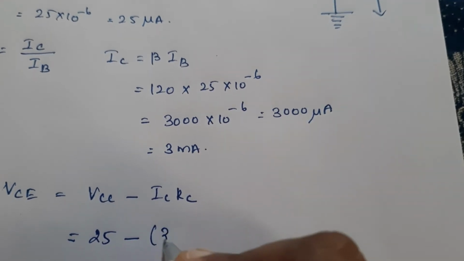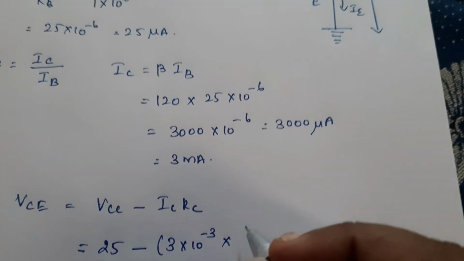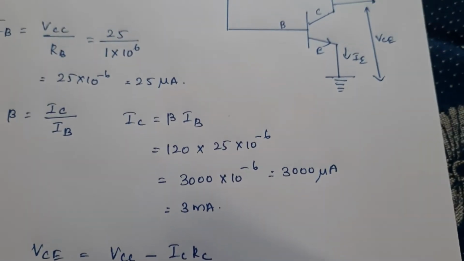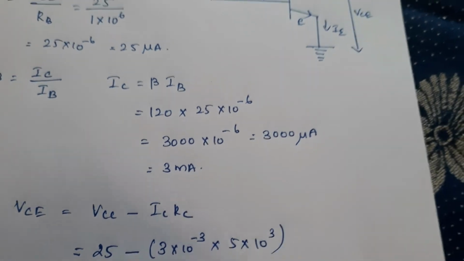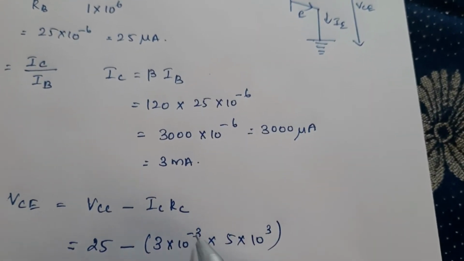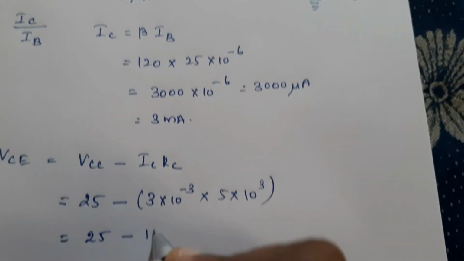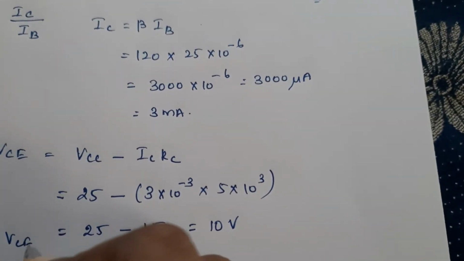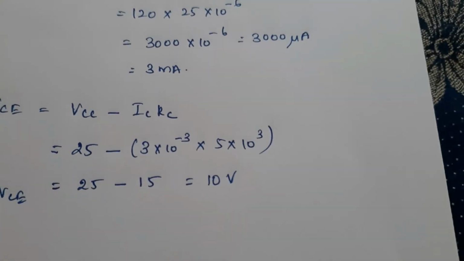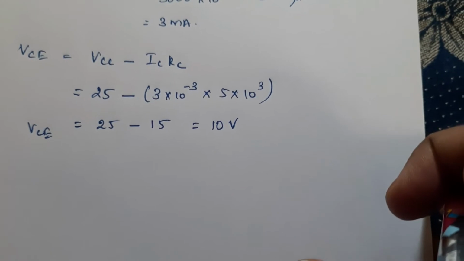IC is 3 milliampere, so 3 into 10 raised to minus 3 into the RC value, 5 kilo ohm, so 5 into 10 raised to 3. What will I get? This and this will get cancelled. It is 25 minus 15, which is equal to 10 volt. So this is your VCE.